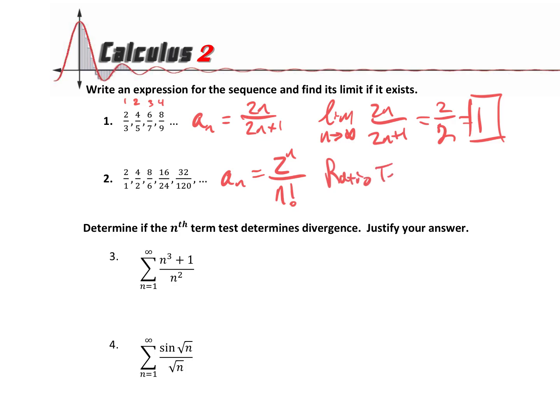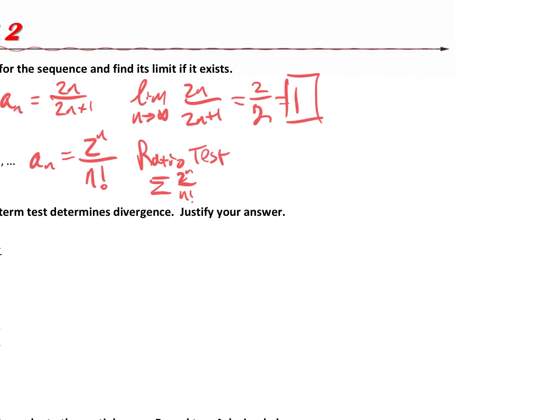And so the ratio test for series, if we consider this a series, 2 to the n over n factorial, an infinite series, well, the ratio test says the limit of a sub n plus 1, so that would be 2 to the n plus 1 over n plus 1 factorial, divided by 2 to the n over n factorial.